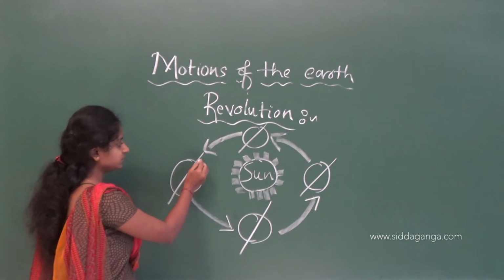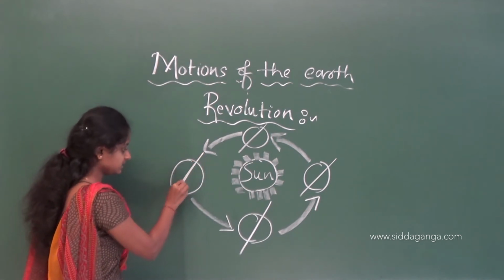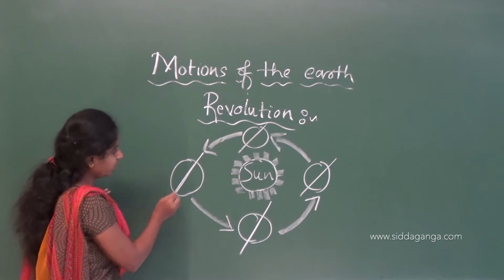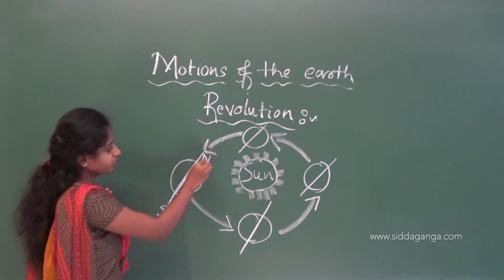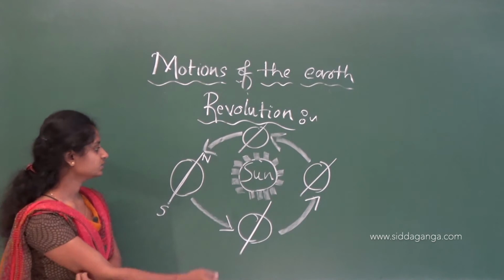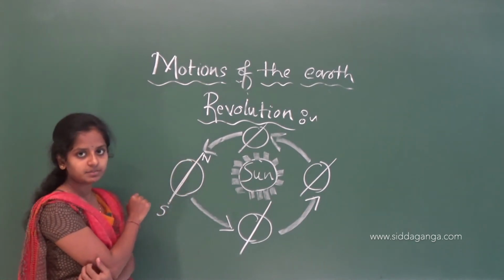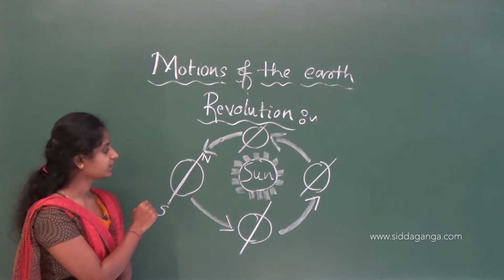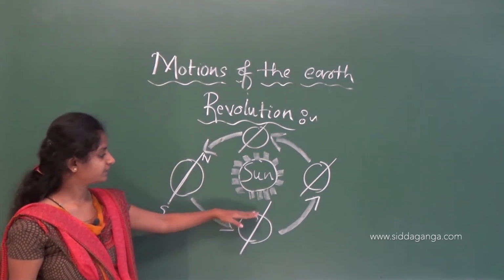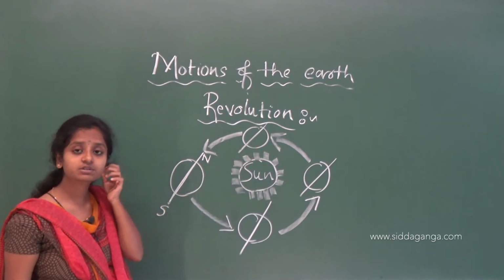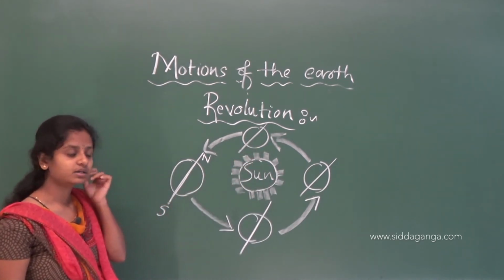So now this is the axis, this is the south pole and this is the north pole, right? This is the northern hemisphere and this is the southern hemisphere. The part which is towards the sun will receive the light.